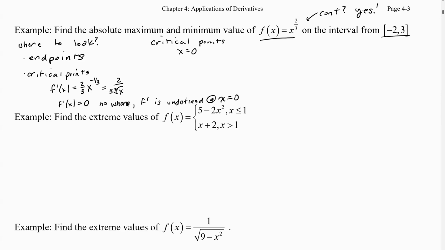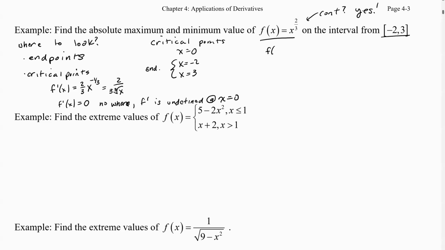What about the endpoints? x is equal to -2 and x is equal to 3 are endpoints. And as far as I'm concerned, those are the only places where it would be possible to find these absolute extremes.